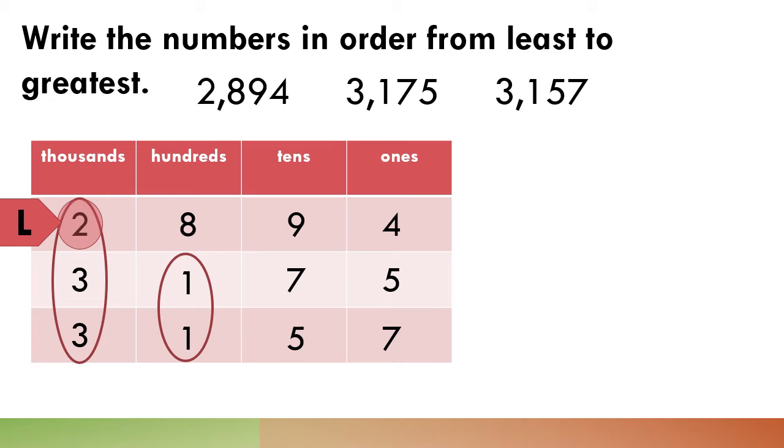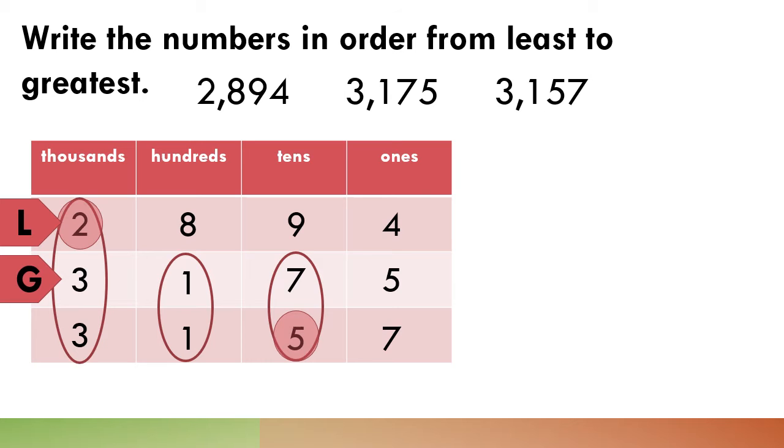So now we have to move on to the next column, which is our tens column, and compare the numbers 7 and 5. Well, between 7 and 5, 5 is less than 7, which means that 3,175 is going to be our greatest number. So that means that 3,157 will be the number in between.